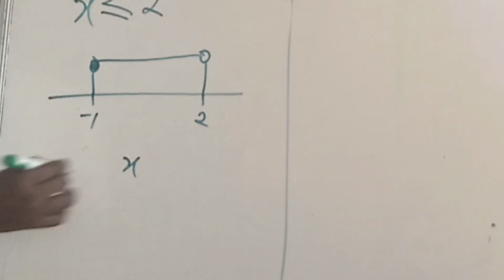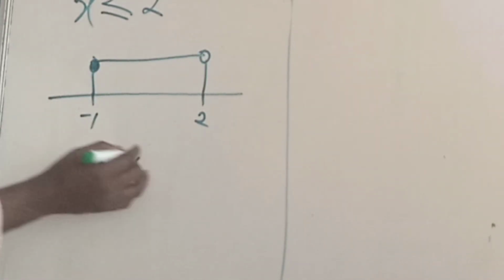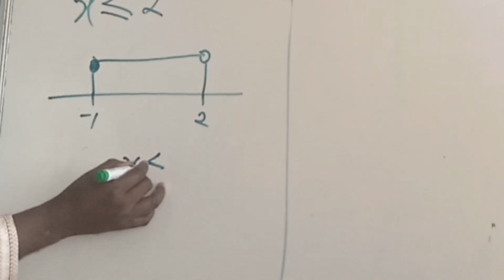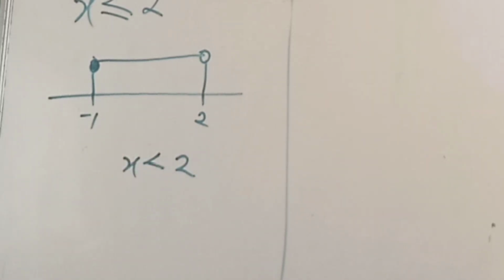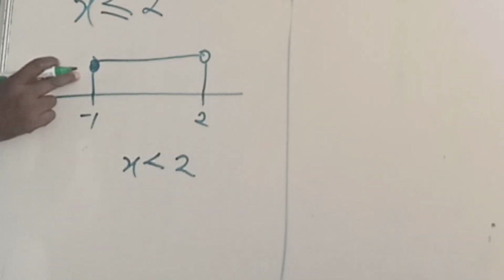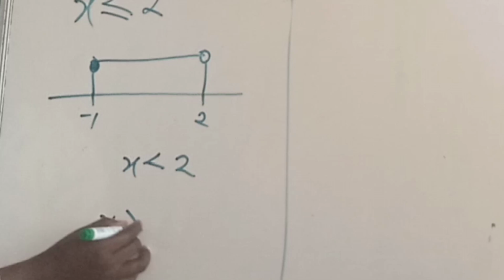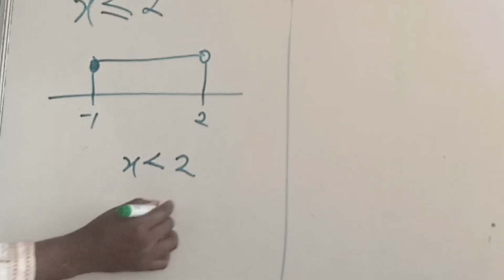We are going to have x at the middle. This one that is facing this side will be x less than what? 2. Are you with me? x less than 2. That's for this one. What about for this one? x is what? Greater than or equal to -1.